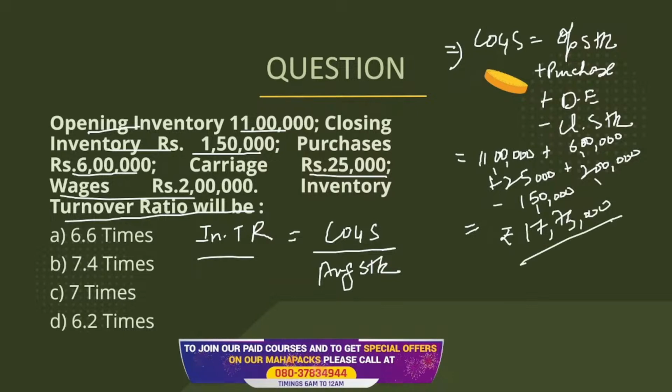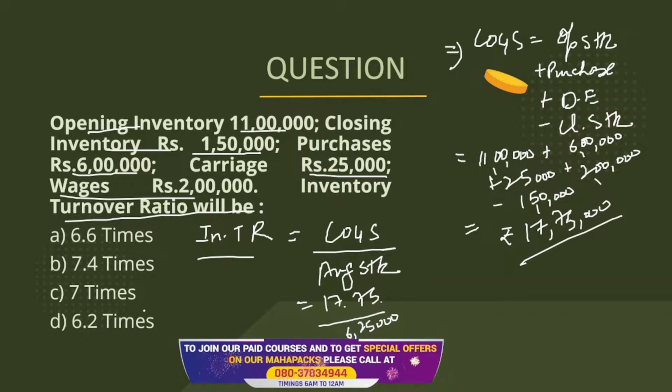Once we have this amount of 17,75,000, this is our COGS. What is our average stock? Average stock is going to be opening 11 lakh plus closing 1,50,000 divided by 2. It is 6,25,000. So what's going to be the answer? 17,75,000 divided by 6,25,000 is equal to 2.84.